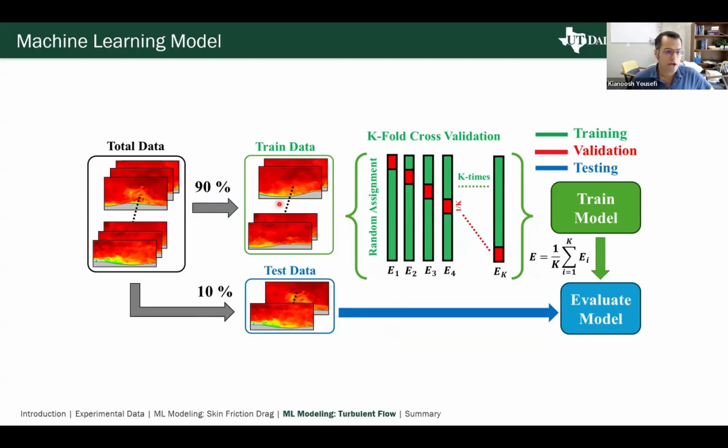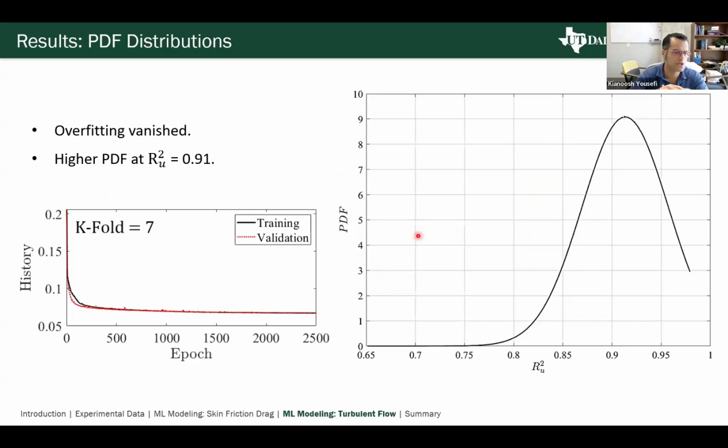Out of that 90% training, we divide the data set into k subsets. During the training, we use one subset for validation and k minus one subsets for the training, and we continue doing that over the entire number of k's that we have. That helps us reduce the overfit a lot and get good results on the PDF as well.